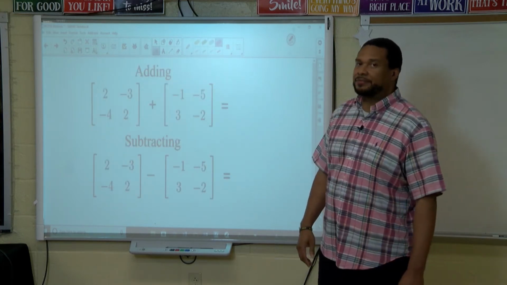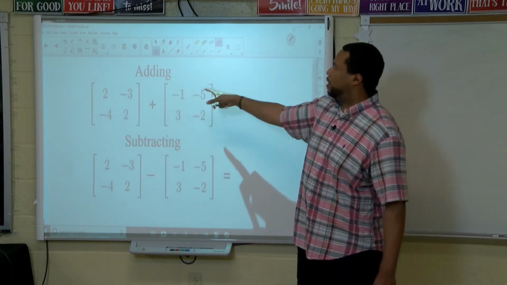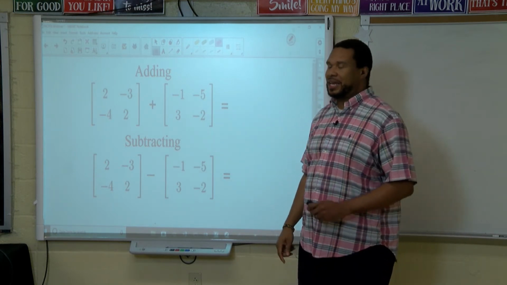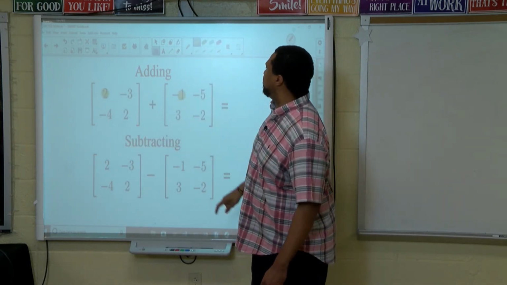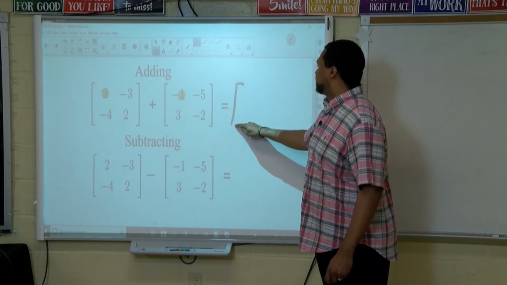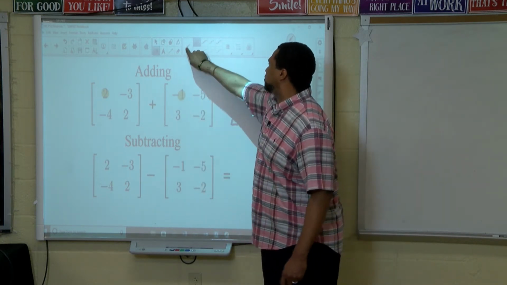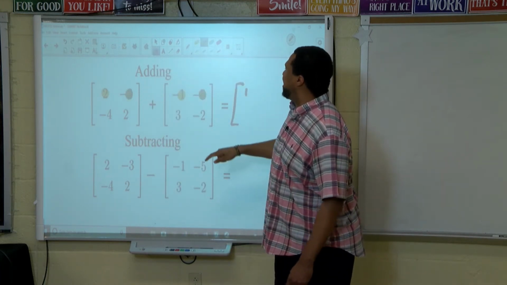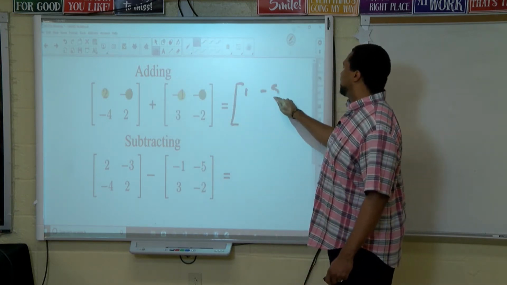So if we look at a 2 by 2 matrix, 2, -3, -4, 2, and -1, -5, 3, -2, you can add by adding the corresponding elements. 2 plus -1 is 1. -3 plus -5 is -8.